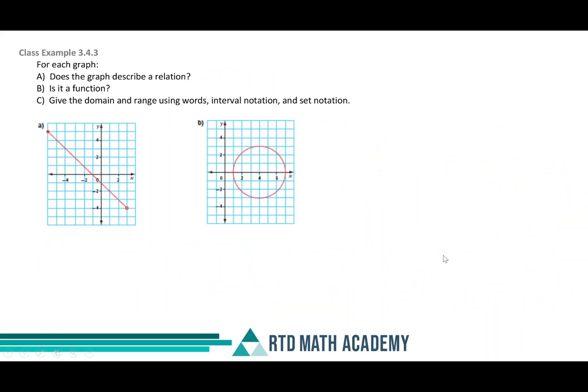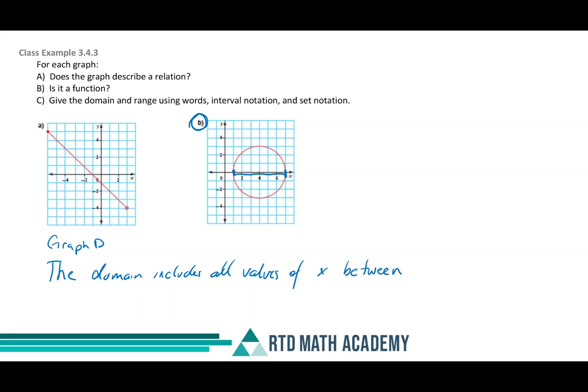For graph B, which is the circle one, our x values along the x-axis are going from 1 to 7. So we can say the domain includes all values of x between +1 and 7, and they are inclusive.